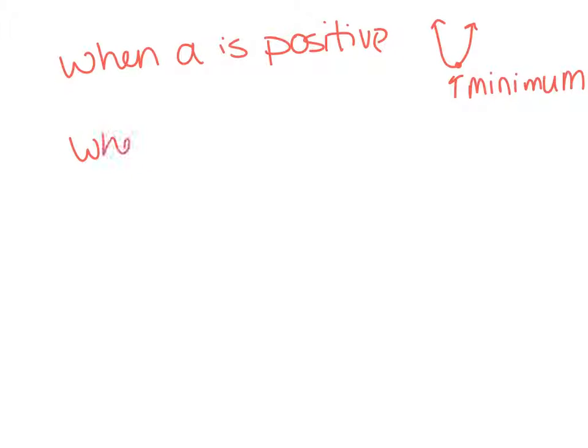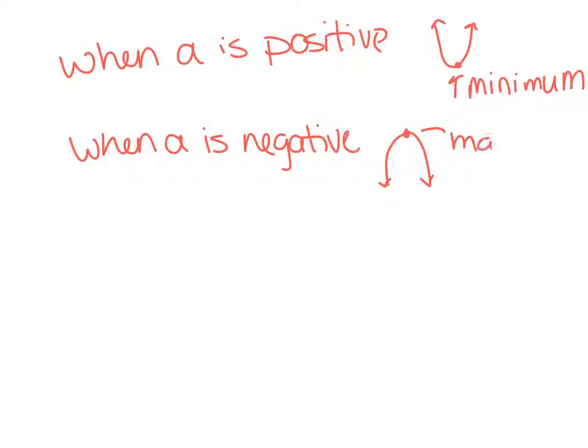When a is negative, that means that the graph will open upside down, so it'll open downward, and the vertex will be a maximum because it's the highest point on the graph. All right, and if we know those things, then we're pretty much set to go, and we'll practice some more tomorrow in class.